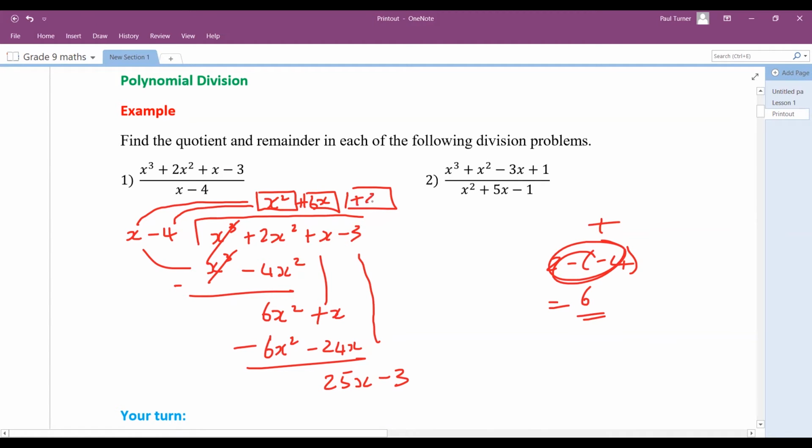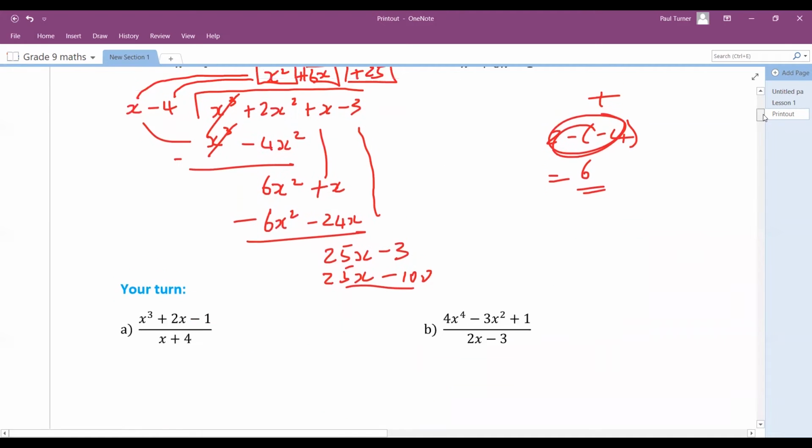So 25 times x, 25x, 25 times minus 4, minus 100. Almost needed a calculator. So minus 3 minus negative 100, that would be 97, right? 97, that would be your remainder then.